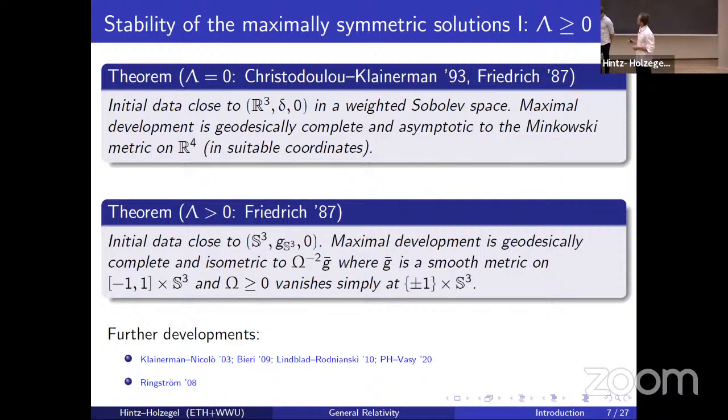And for lambda bigger than 0, we have stability of de Sitter. There you can use the so-called conformal field equations, which Friedrich did, where the problem essentially reduces to a Cauchy stability for a conformally rescaled metric.